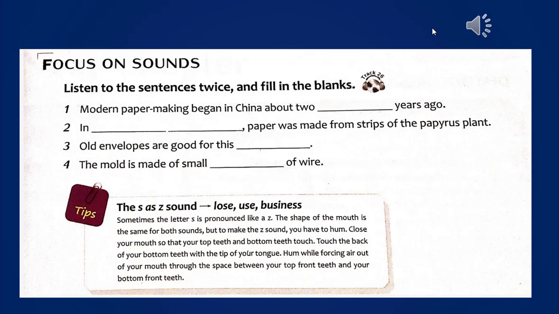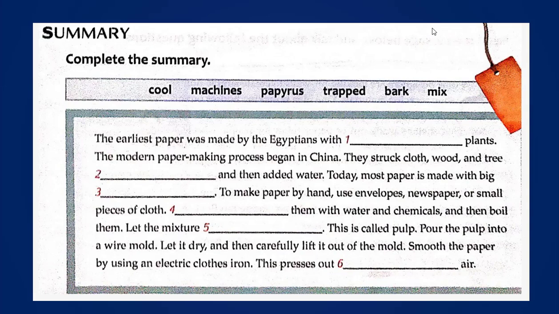So let's now move to the last point about the summary. Complete the summary here, everyone. We have the words cool, machine, papyrus, trapped, bark, and mix, okay. So can you complete the first one? Egyptians with what? With papyrus plant, okay, and so on. They struck, close to the bark, what?